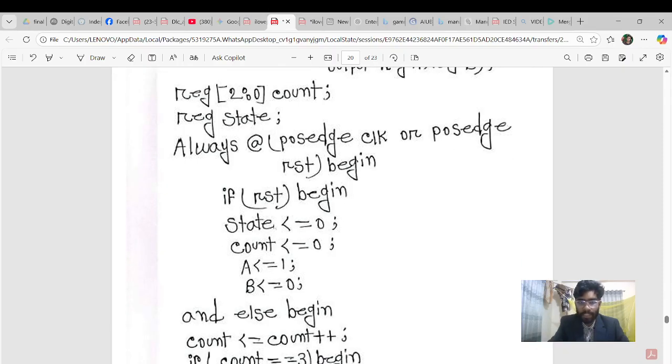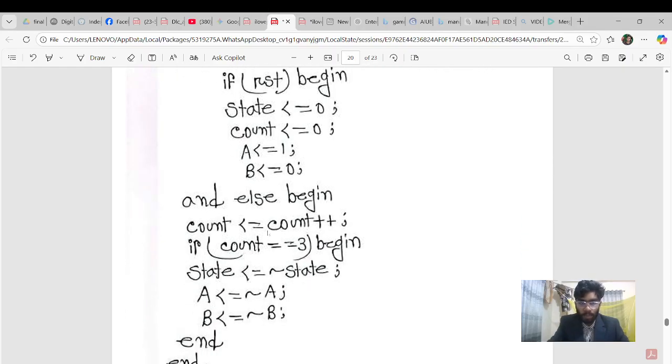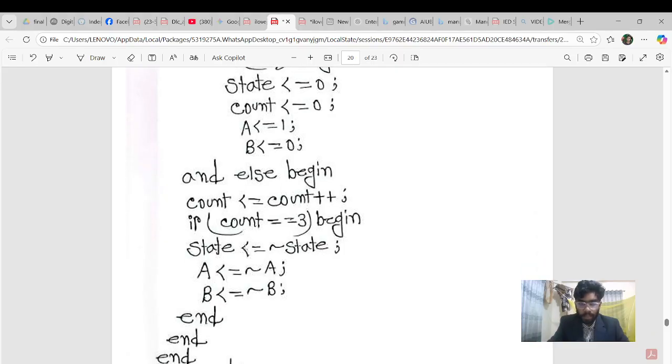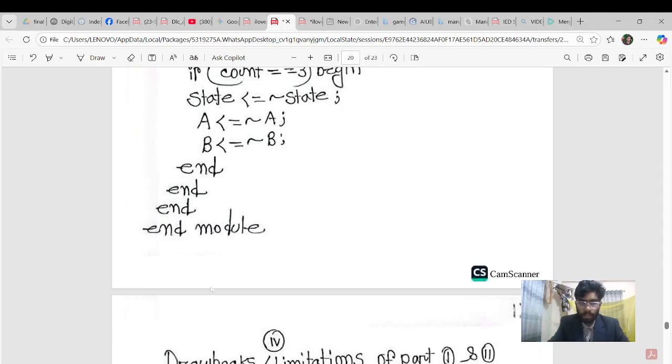If RST, begin state less than or equal 0, count less than or equal 0, A less than or equal 0, B less than or equal 0, and else begin count less than or equal count plus 1. If count equal to the limit, state less than or equal next state, A less than or equal next A, B less than or equal next B, end, then end, and endmodule.